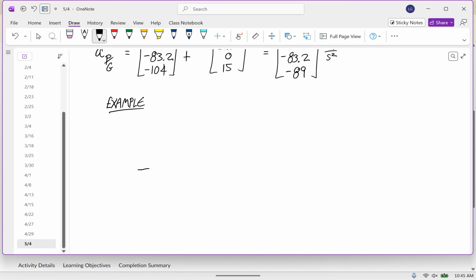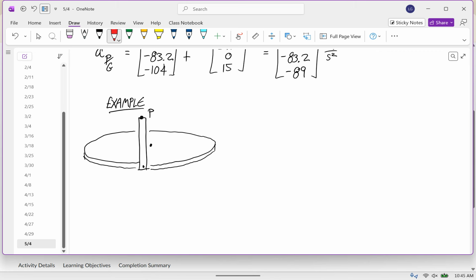So we have an arm like this, and that arm is connected to a disc, and this is the point P, and we are going to have the disc rotating at 20 radians per second like this.